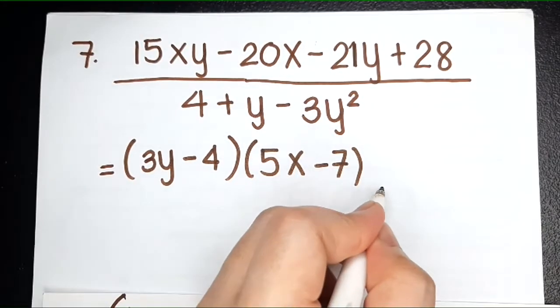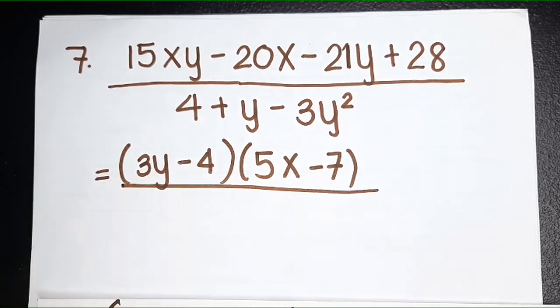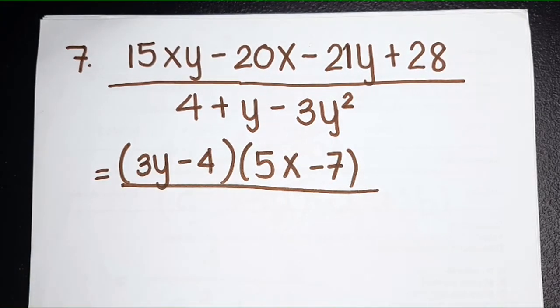Okay, over, what about the denominator? It is a trinomial, pero kung titingnan ninyo, parang may kakaiba. Right? Bakit parang hindi nauuna yung y squared? Yung negative 3y squared. Okay? Pwede nyong i-rearrange yan.